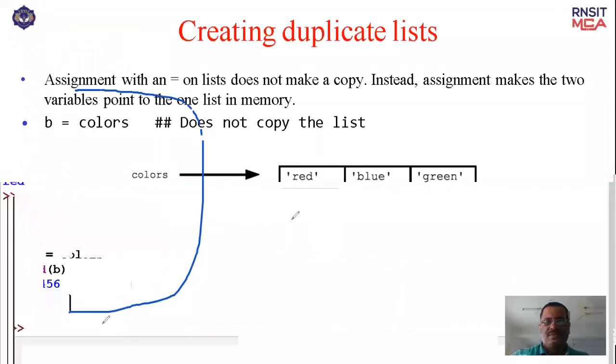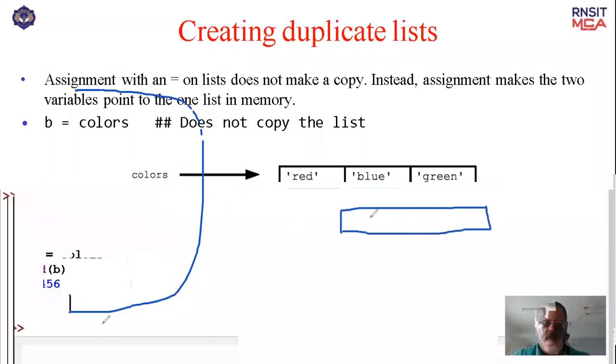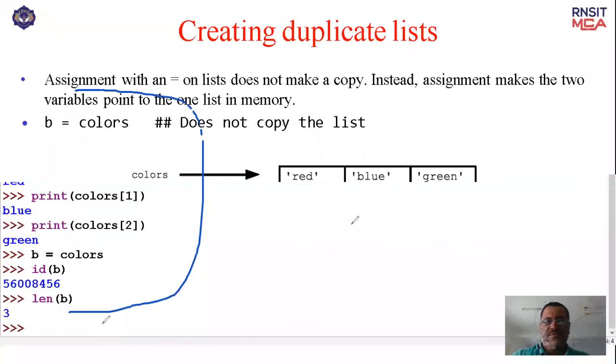I want to create another list C, and C should have the same 3 elements: red, blue, and green. How to create this separate list? This is an interview question. Many of you don't know.